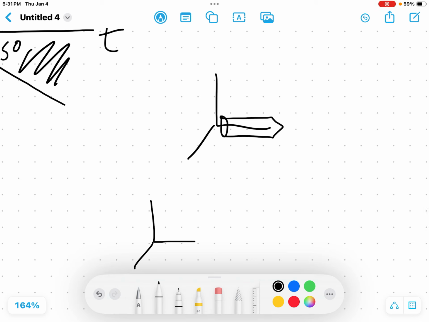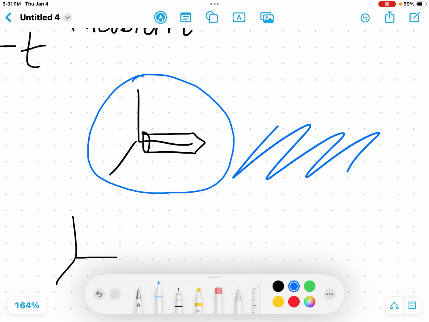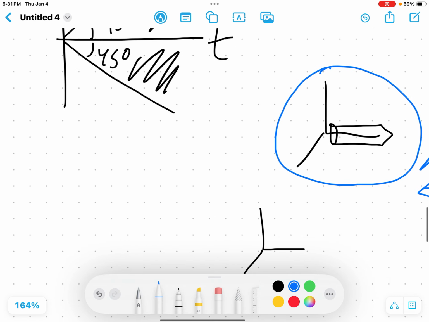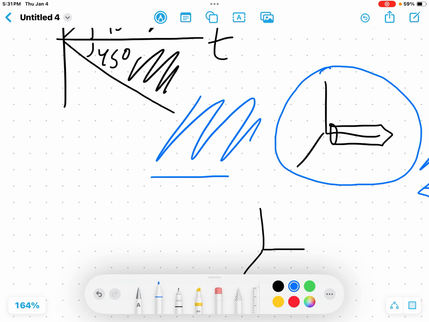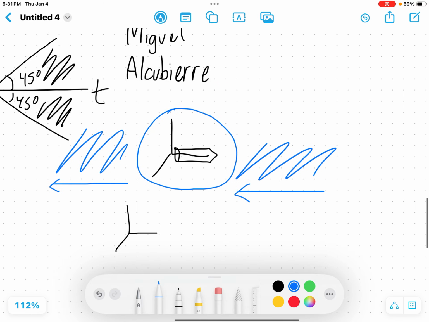And now what I do is encase the first reference frame with a bubble, and then the space-time in front of the ship, I squeeze it, basically, and the space-time behind the ship, I contract it. This is what Alcubierre proposed.